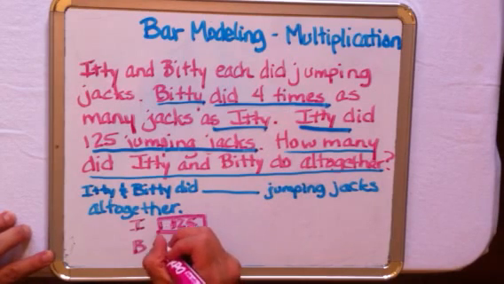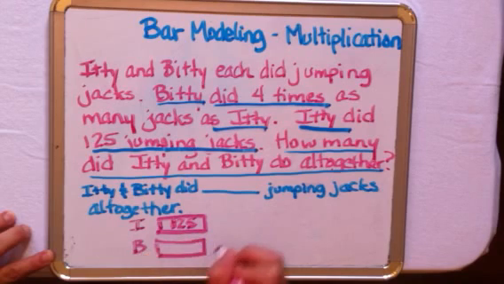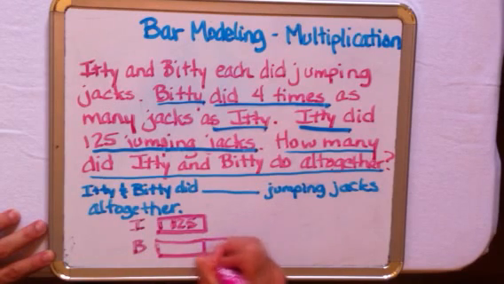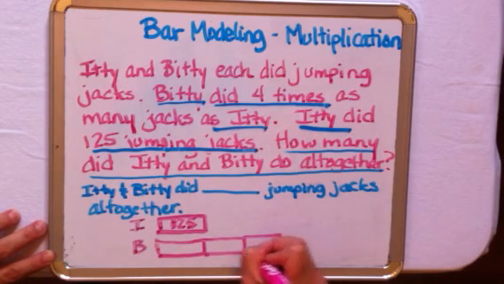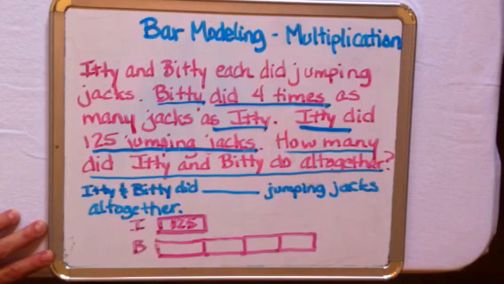So I'm going to draw the same unit bar, but I need to draw it 4 times. And notice I try to keep them the same size, because it said she did 4 times as many.